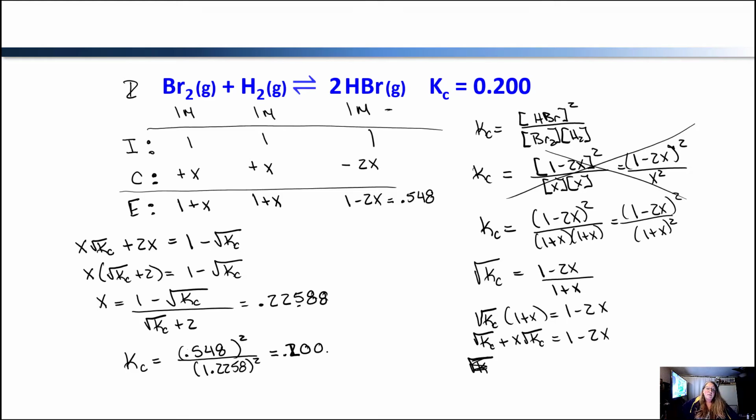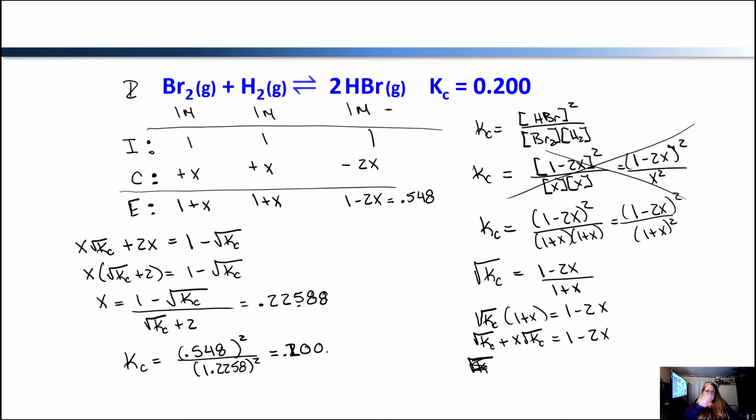So we used our rice table. And notice that I wrote my equilibrium constant the exact same way I did every other time, even though I knew that the equilibrium was favoring the left, right? So the only thing that changed here was that I knew that my HBr was going to be decreasing in concentration, so it ended up with a minus x, whereas the original reactants ended up increasing in concentration.